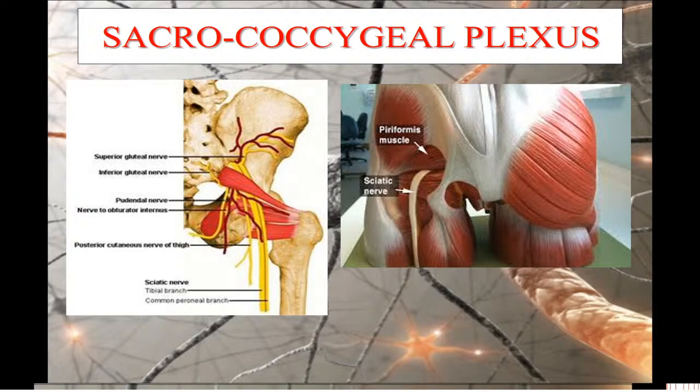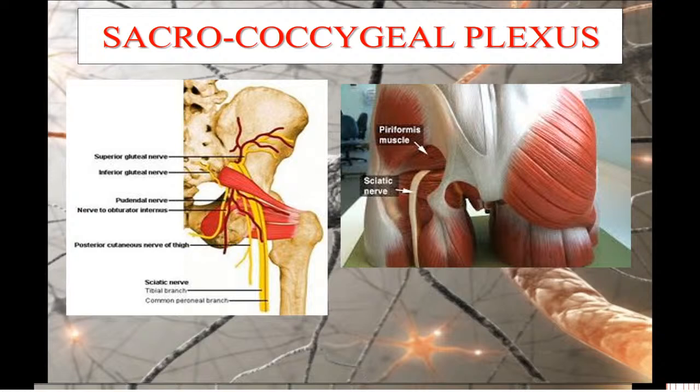While common peroneal nerve passes towards the fibula and then divides into the superficial fibular nerve and deep fibular nerve. Superficial fibular nerve supplies the peroneus longus and peroneus brevis muscles, means the muscles in the lateral compartment of the leg, and also related skin area.